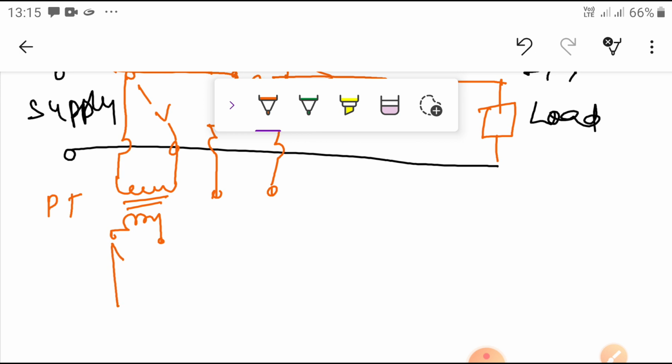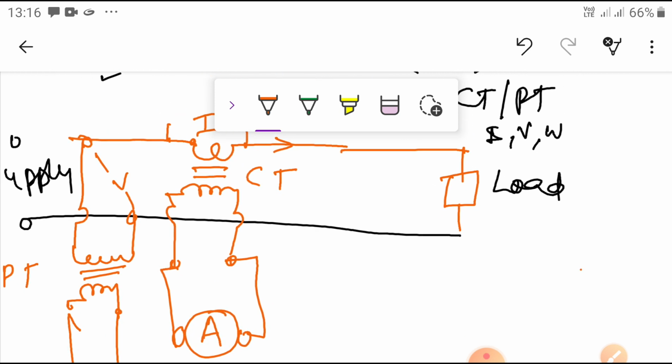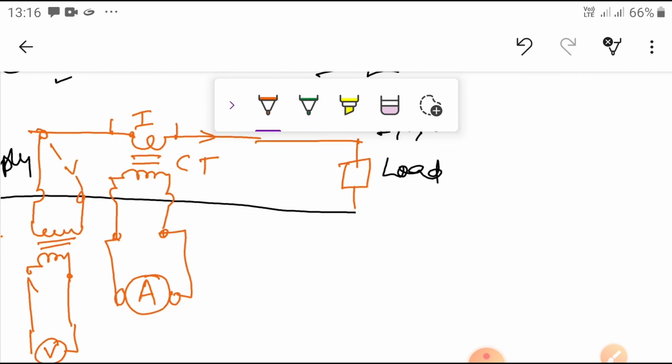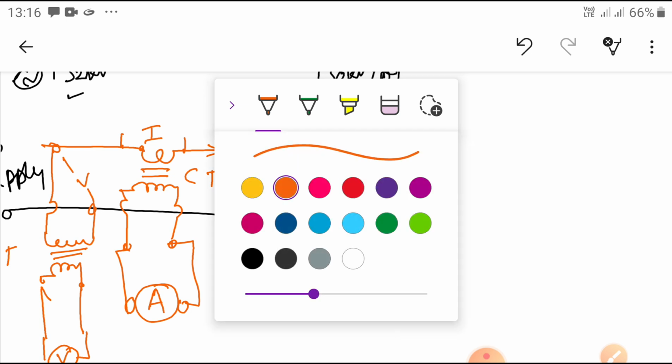So I can connect one voltmeter here. Now I am going to connect one ammeter, in such a way that I connect this. So you can see it, the voltmeter is connected here with the PT, and the CT is connected. Suppose I want to connect one wattmeter, then how are we going to connect it?